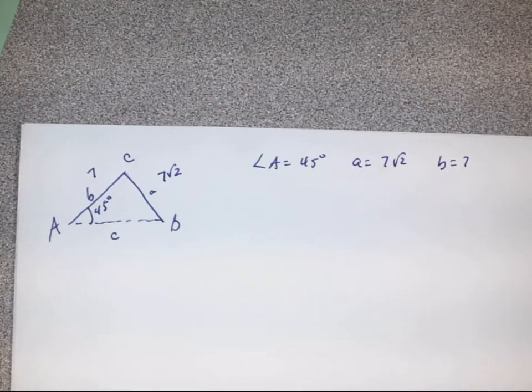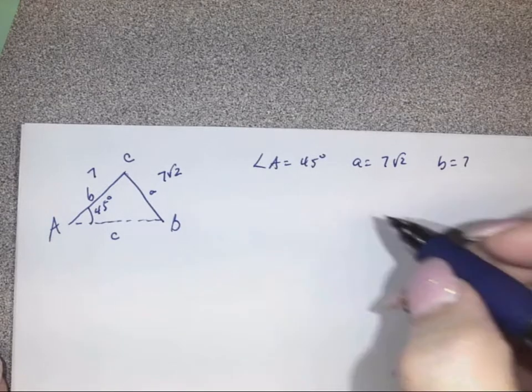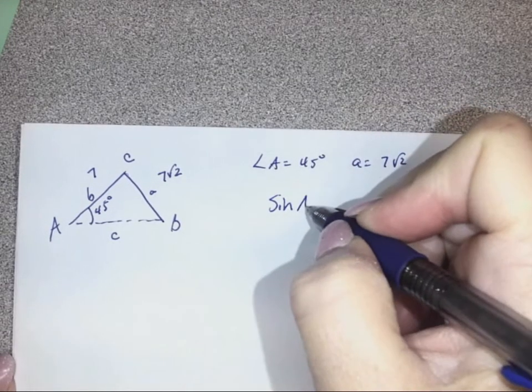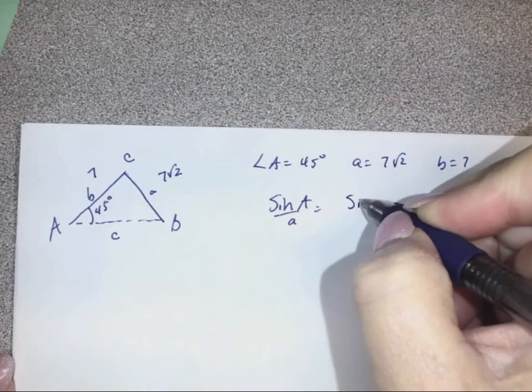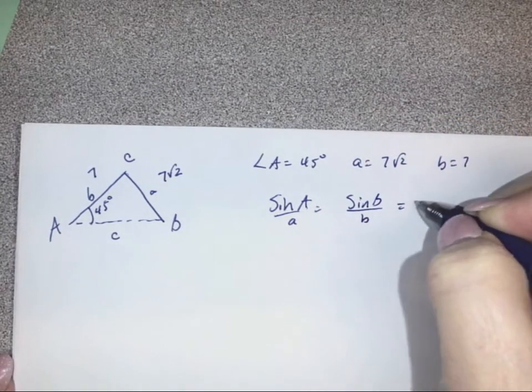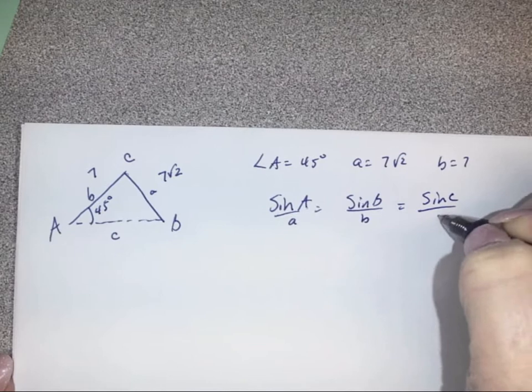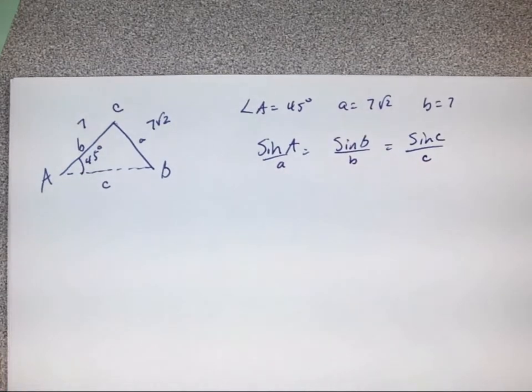So what we want to do is, again, our formula is going to be the sine of A over little a equals the sine of B over little b, sine of C over little c. So let's go solve for one of our parts.